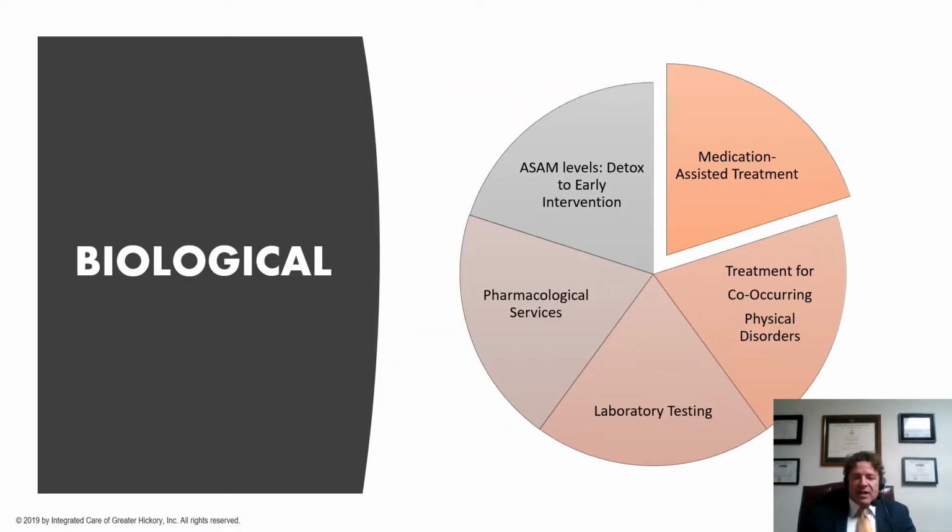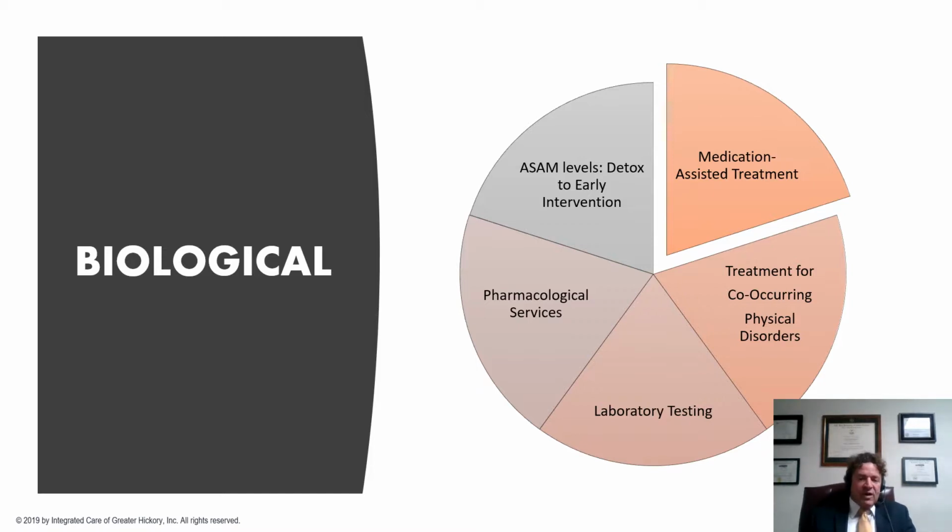When we look at biopsychosocial, let's look at the first dynamic of the treatment model, which is biological. We've talked extensively about medication-assisted treatment as an important component of the medical dynamic. But we also need to look at the co-occurring physical disorders, laboratory testing. Is it occurring?